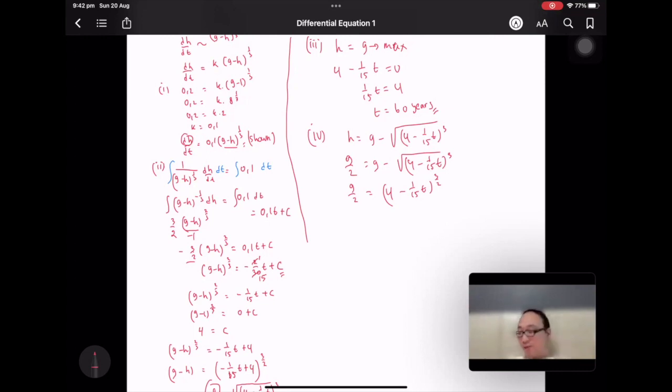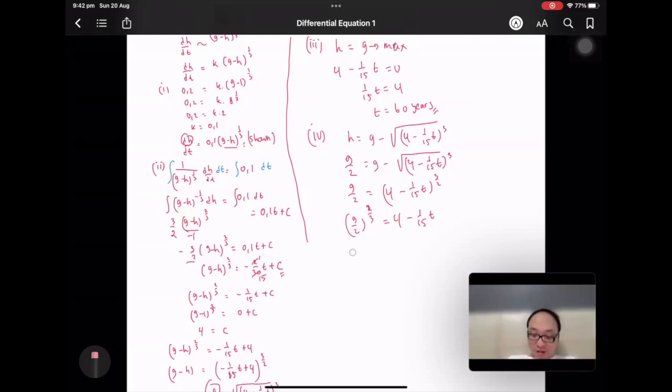So from here, we can use the calculator to find t. 9 over 2, and then to the power of 2 over 3, equals 4 minus 1 over 15t.